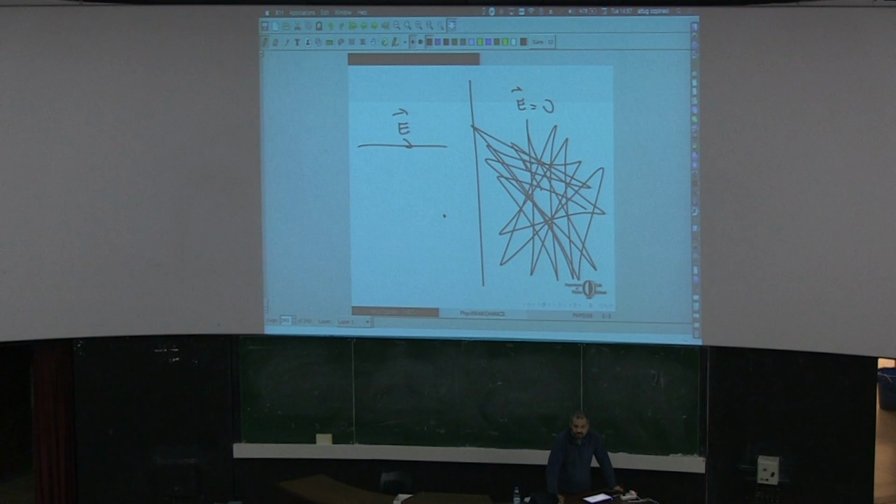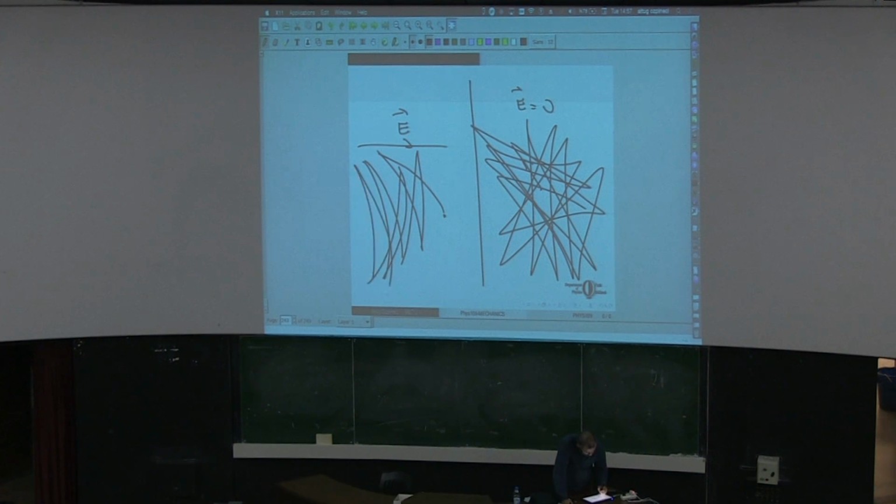But if you apply an electric field, this is our electron, we have this electric field, it will be accelerating. It will accelerate and then hit something, transfer its energy, but nevertheless it will just bounce back. It will just scatter around. But since it feels a force in that direction, its trajectories are always bent.